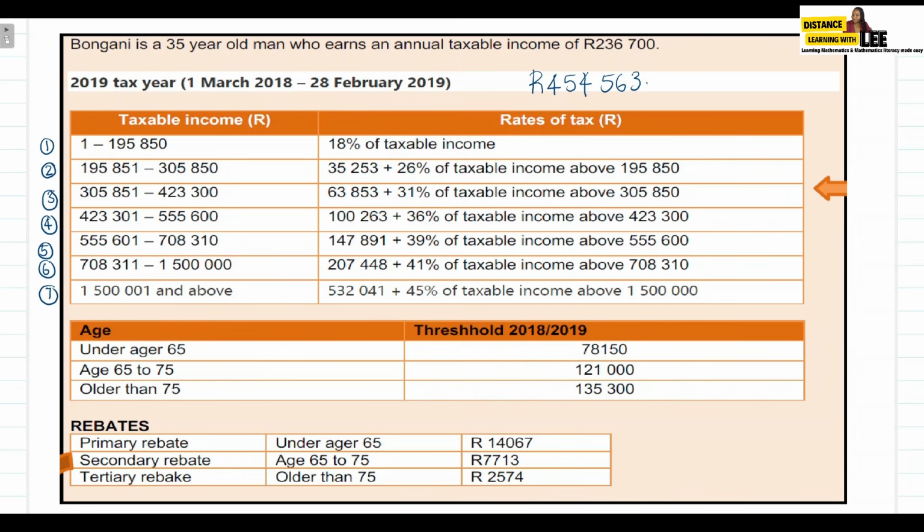So when we look at all these tax brackets, where does this amount fall? We see that the amount of 454,563 falls within the fourth tax bracket, because that amount is in between 423,301 and 555,600. So therefore we can conclude that that amount falls within the fourth tax bracket.